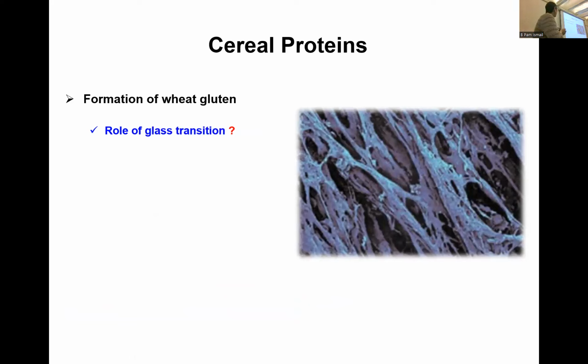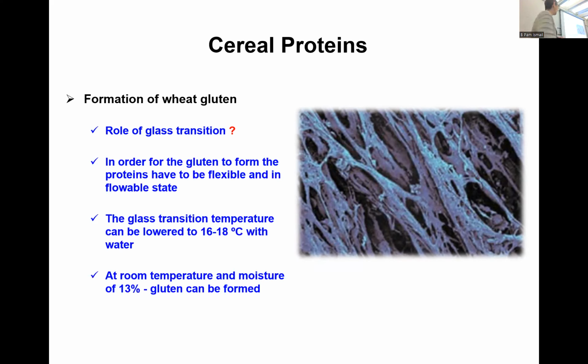Okay, so now what's the role of glass transition in the formation of gluten? Basically, we need the temperature to be above the glass transition of a gluten-forming protein in order for the dough to form, or in order for gluten to form. We need to make sure we're above the glass transition, and it is dependent on the moisture content.